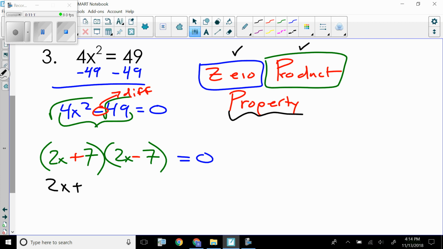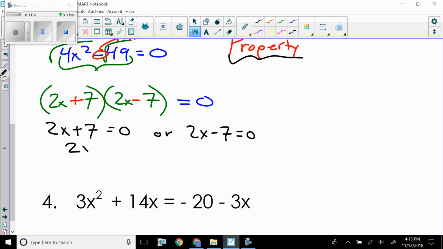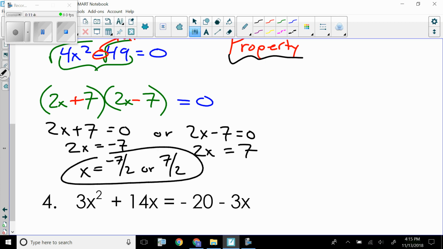Okay, 2x plus 7 equals 0, or 2x minus 7 equals 0. I would subtract, add over here, and then I divide, and I get negative 7/2 or 7/2. Again, I found out that there are 2 solutions.